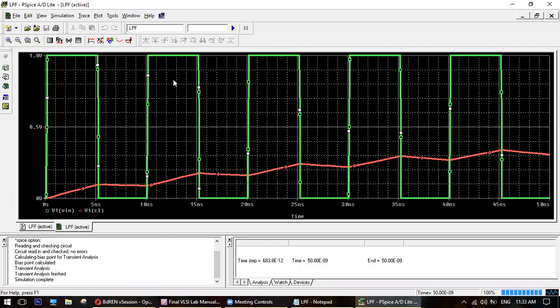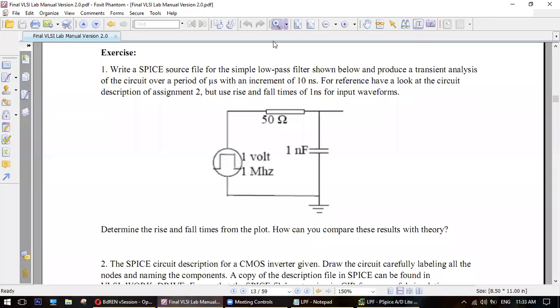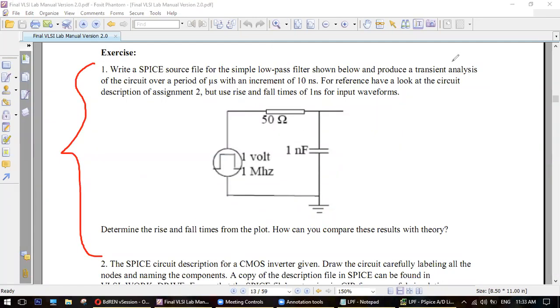So this is one way why I am showing you this. This is not related to your VLSI. This circuit is not related to your VLSI, but still, why am I showing you this?